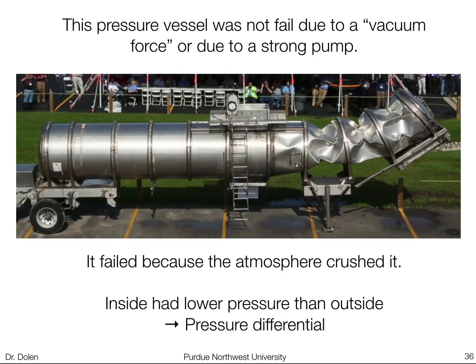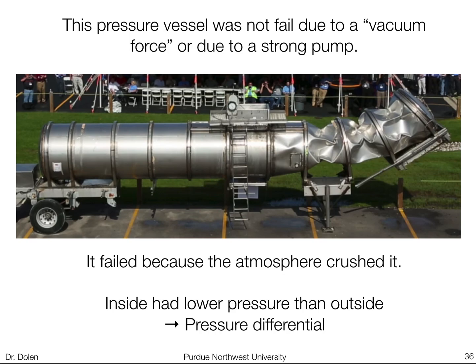Okay. So talking about what caused this pressure vessel to get crushed. This was not a vacuum force. It was not that the motor, the vacuum sucking air out of this container, was so strong that it crushed the container. This pressure vessel failed. It was crushed because the atmosphere crushed it. Right. Inside the pressure vessel was lower pressure than outside.